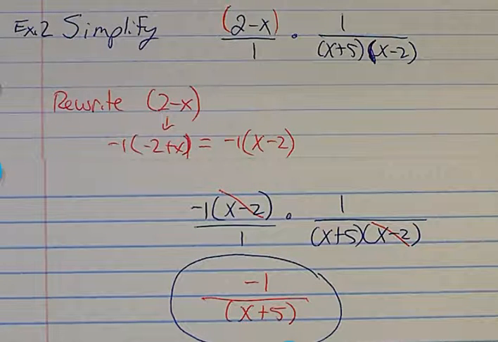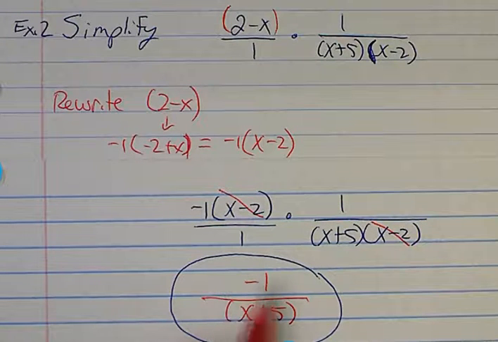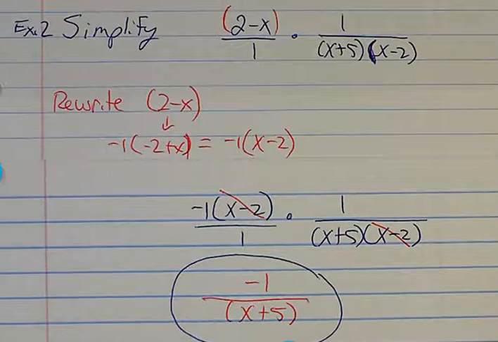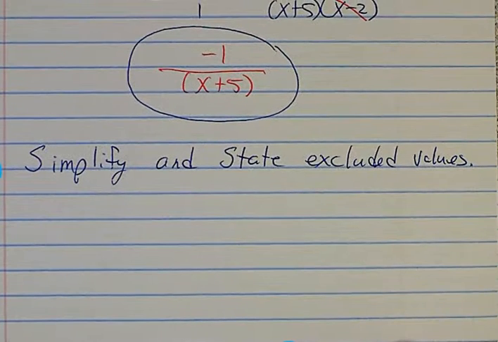Okay, and the last couple of things here. Still the same thing. Yep, 2 more examples. So we're going to simplify and state the excluded values.